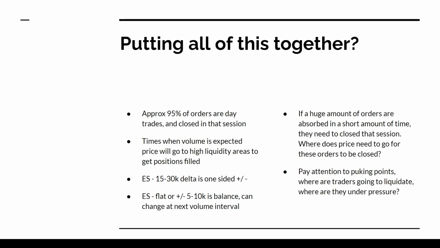This is why market on close tends to offer some volatility, because these firms need this behavior in order to start getting in and out of their positions. And at the times when volume is expected, price will go to liquidity areas.